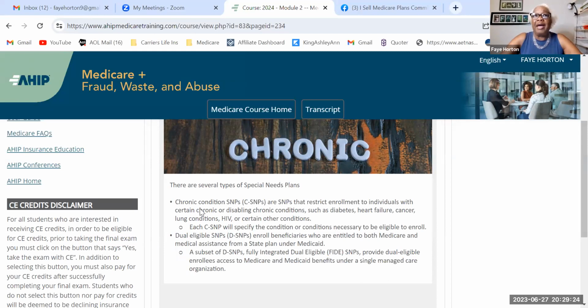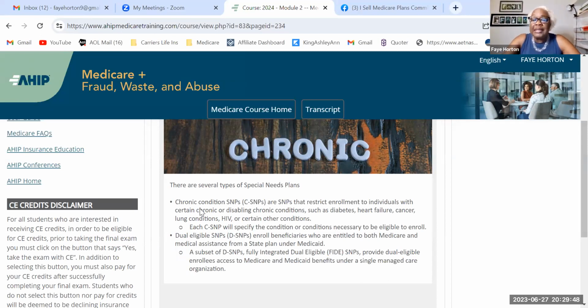So remember that, because one says if you have HIV, you can get this chronic SNP plan, doesn't mean that every carrier has that as one of the conditions. Each C-SNP will specify the condition necessary to be eligible to enroll.